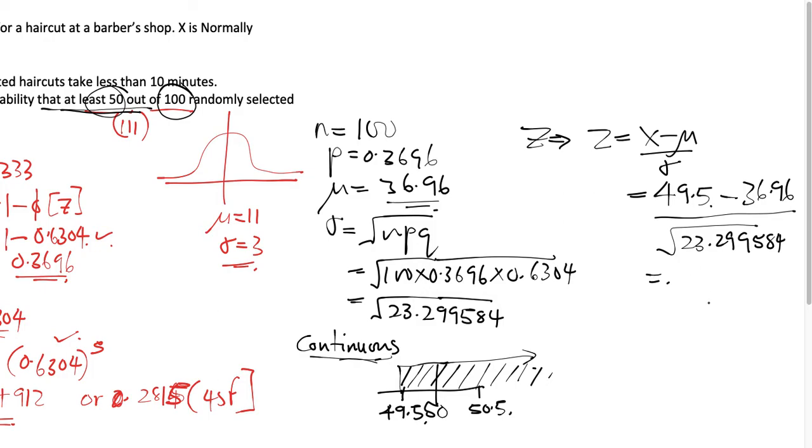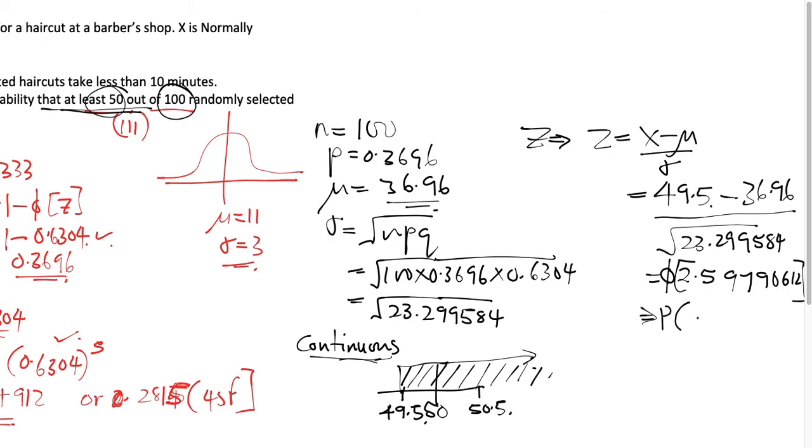Use your calculator, and the answer is 2.59790612. You don't have to write the whole thing. Then find the phi of that to find the probability.